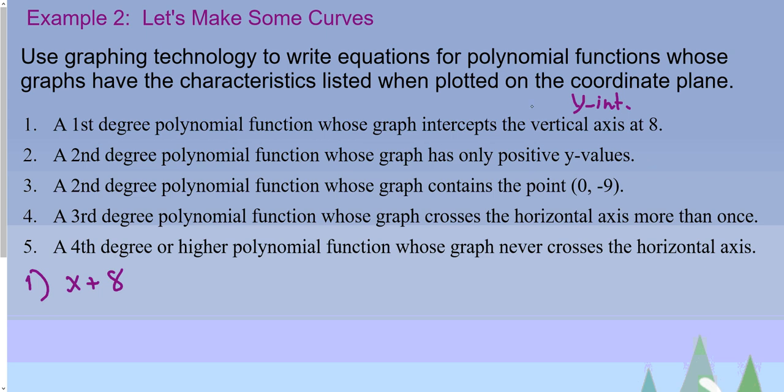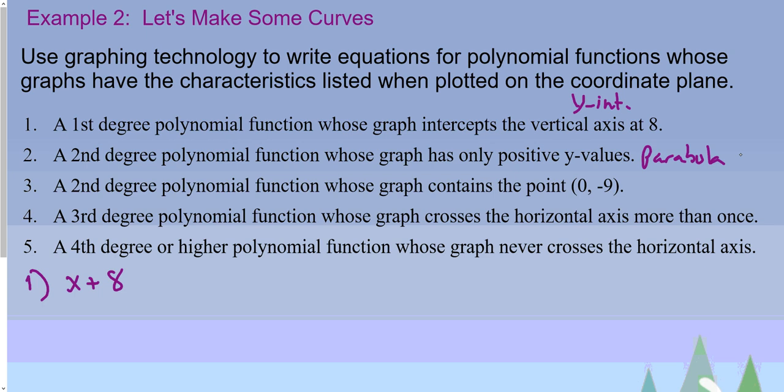Okay. A second degree polynomial whose graph only has positive y values. So that means we need one that's got a positive y value, so it never crosses the x-axis. It's got to be a parabola, and if you were to solve it using the quadratic formula, it would have no solutions.